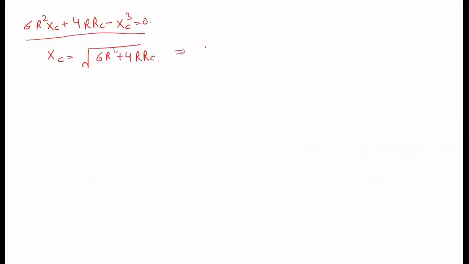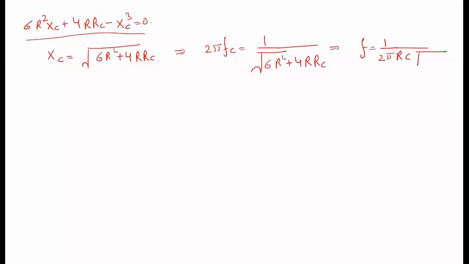And from here we can find 2 pi FC is equal to 1 upon that, and in this way we can find the frequency F, and F is equal to 1 by 2 pi RC square root of 6 plus 4 RC upon R. So this is the expression for the frequency.